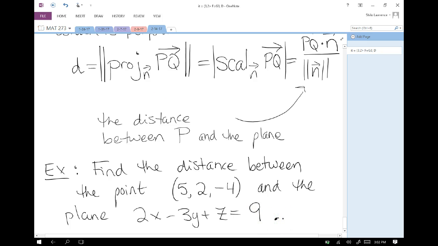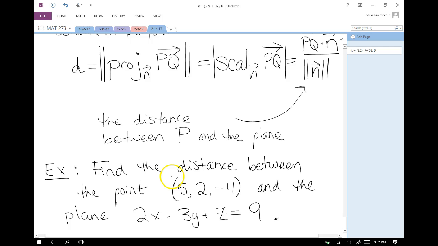So we are going to find the distance between the point 5, 2, negative 4 and the plane 2x minus 3y plus z equals 9. Which means I'm going to connect 5, 2, negative 4 to the plane with a vector, and then project that vector onto the normal vector and see how long the projection is.